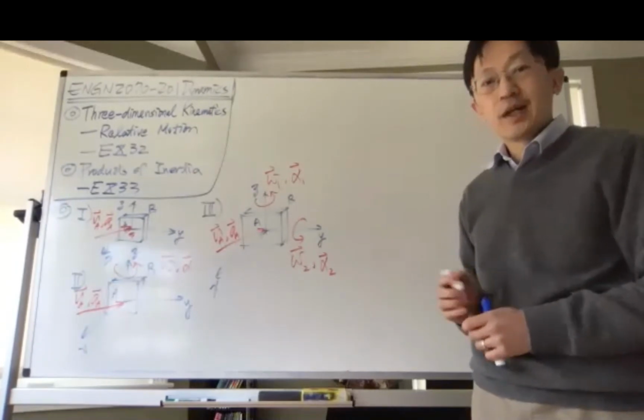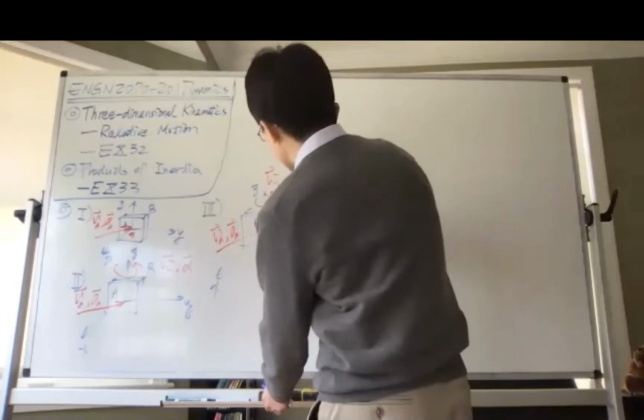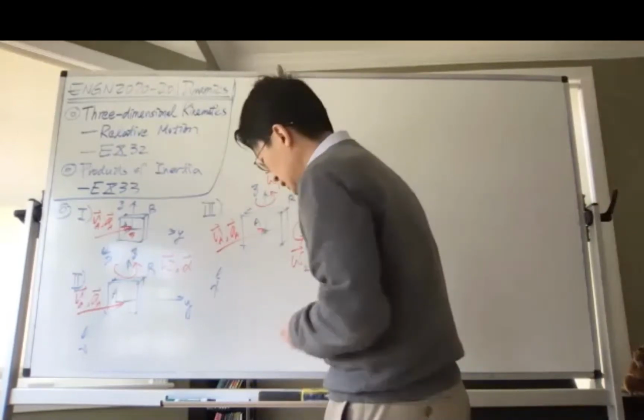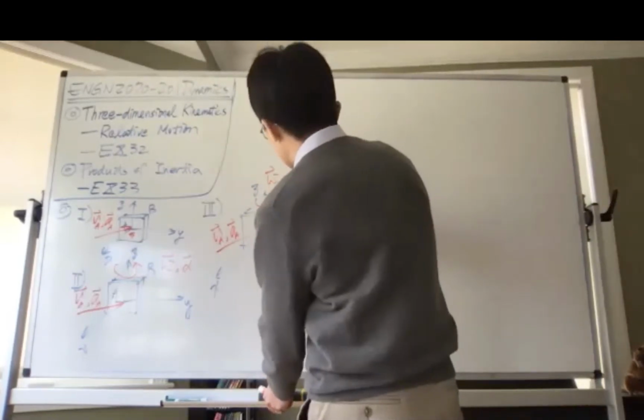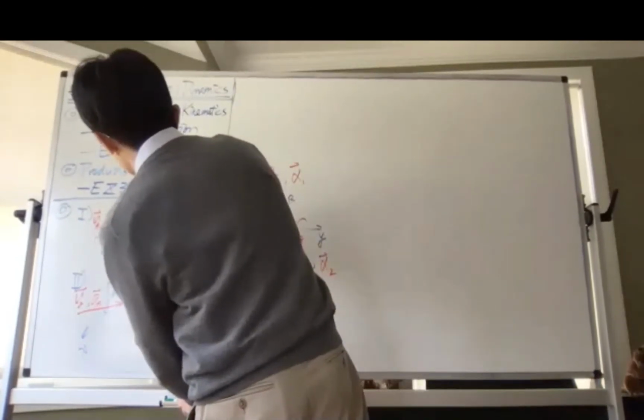And we were interested in the motion at point B. So that was the summary on Wednesday. What's the motion at point B? We're always interested in B.